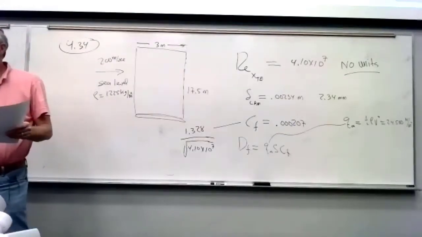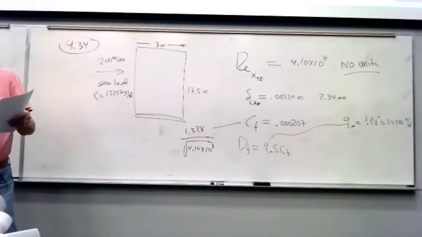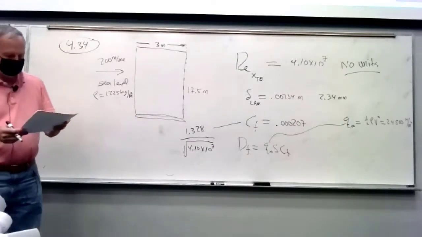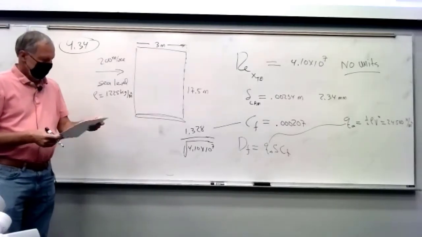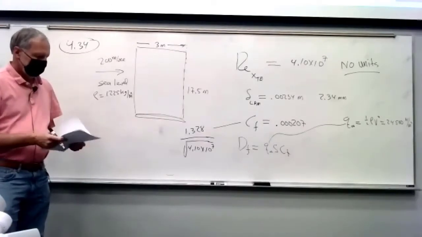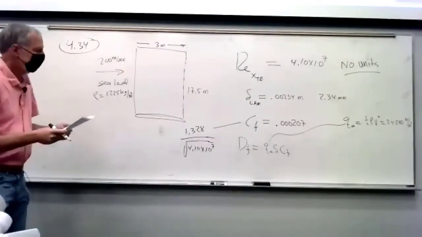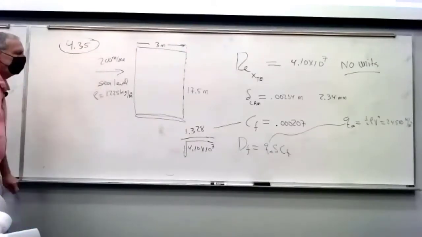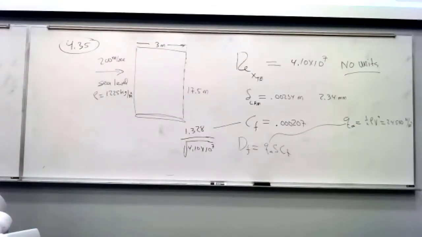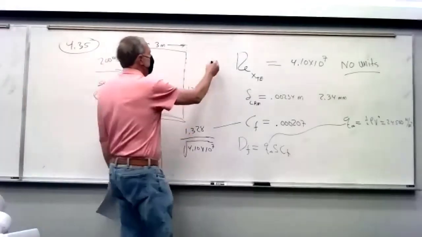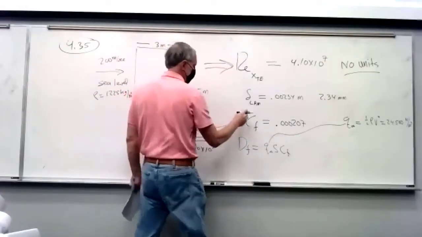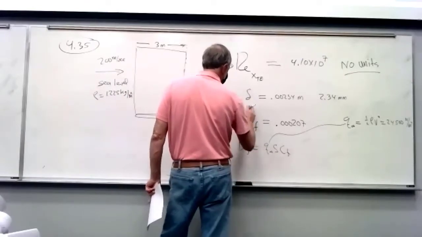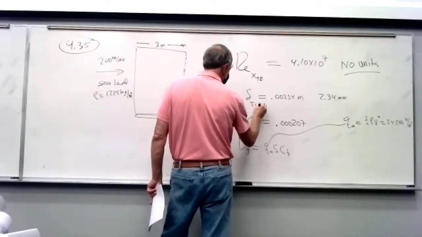Are we good? Ask questions. This is your time to say, hey, what's going on here? Why didn't I get the right answer? And then the next problem, which is 5 instead of 4, the only difference is that you're doing turbulent instead of laminar. The Reynolds number stays the same, but these numbers change because now we're talking about turbulent.